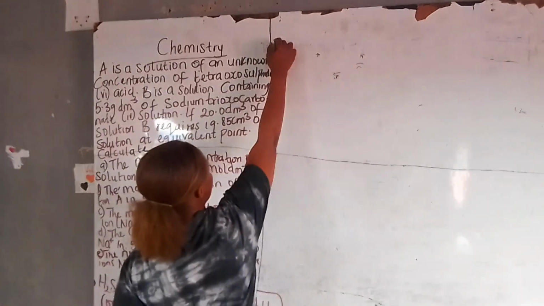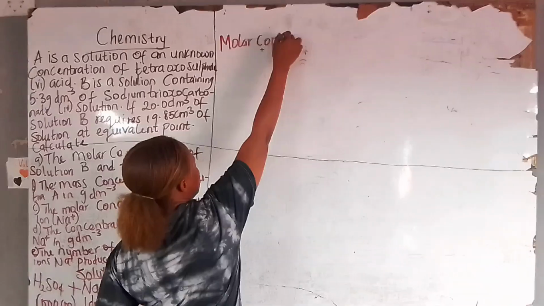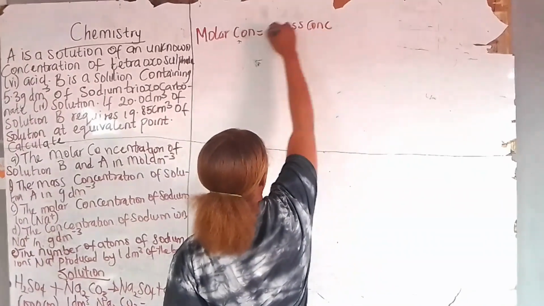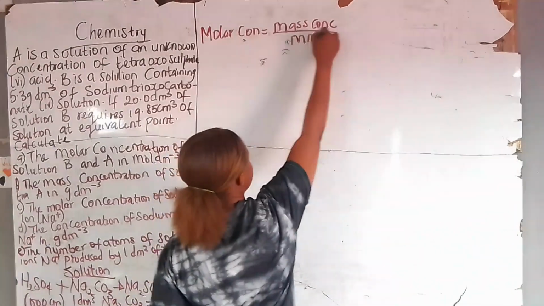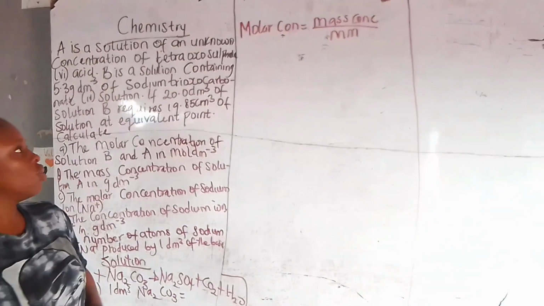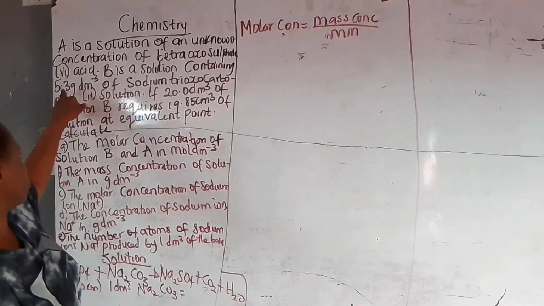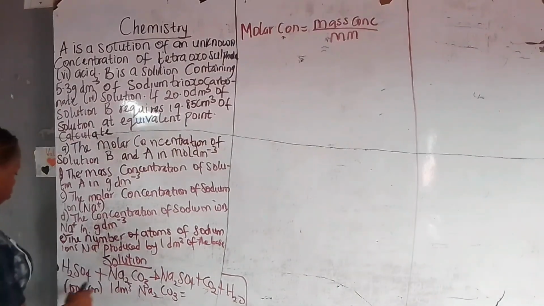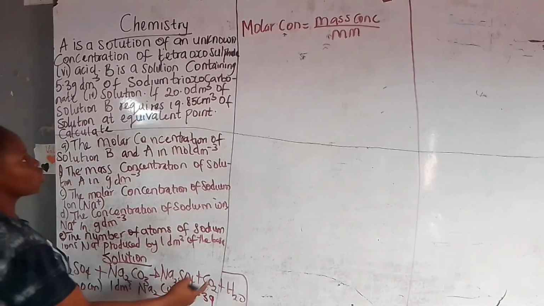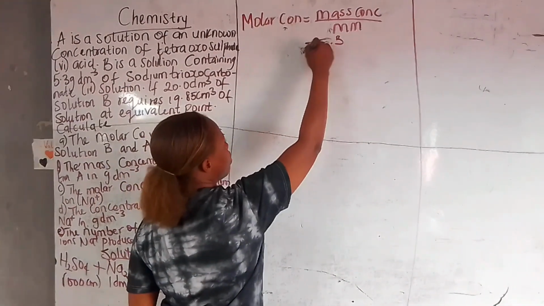So the molar concentration is equal to mass concentration over molar mass. What is the mass concentration given in the question? At STP, you have 1000 cm cube equal to 5.3 grams. So your mass concentration for B is 5.3.